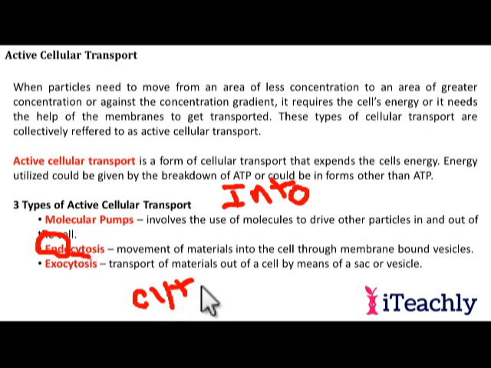I know that's on probably multiple tests, because cytoplasm is the plasm that's inside the cell. Cytology would be the study of cells. Cytoskeleton is the skeleton of the cell. So we see that a lot. But endocytosis is moving something into the cell.